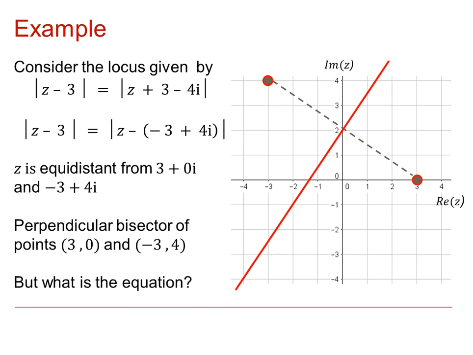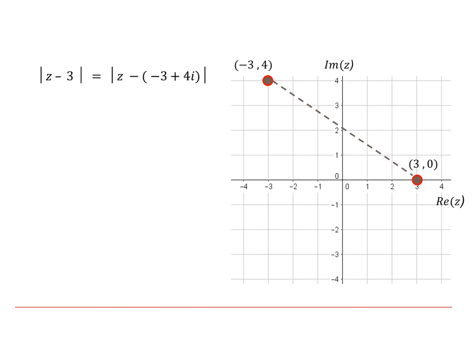But we need to know what its equation is. Now we can consider the equation either geometrically or algebraically. So first of all, let's look at a geometric argument. So we know that we have the perpendicular bisector of this line.